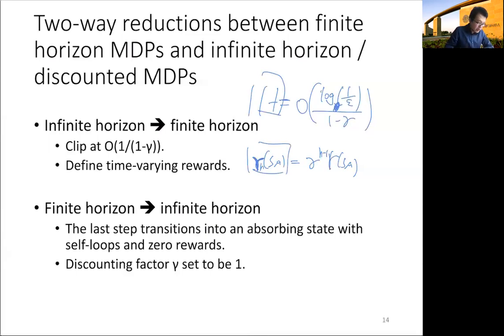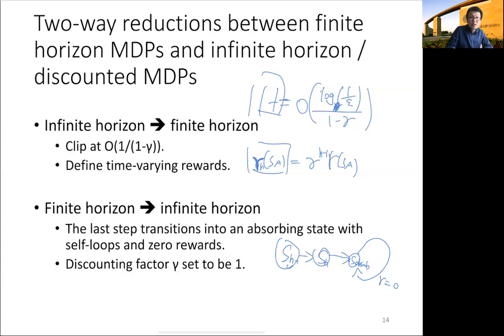and that solves the infinite horizon MDP as well, right? On the other hand, how do we reduce the finite horizon MDP to an infinite horizon MDP? You can append a trivial absorbing state after s_H. So s_H always transitions to the absorbing state, and the absorbing state keeps transitioning to itself with reward equal to 0.